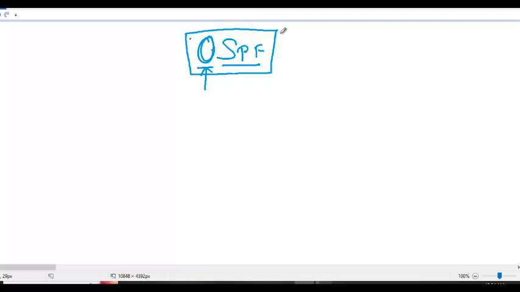And OSPF, to discover neighbors, uses hello packets. So the question may be about the timers. How often are the hello packets sent? Can we change the timer? These are all the questions they ask. The answer: 5 and 15 is for EIGRP. Don't say 5 and 15. This is 10 and 30. 10 and 30.